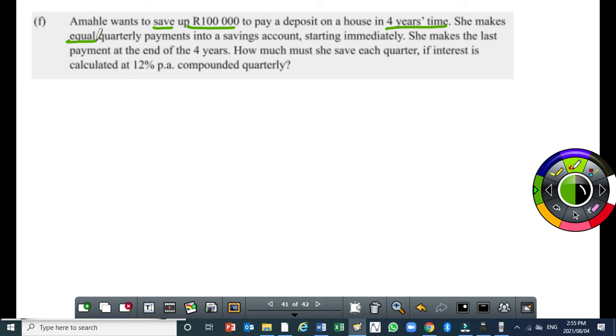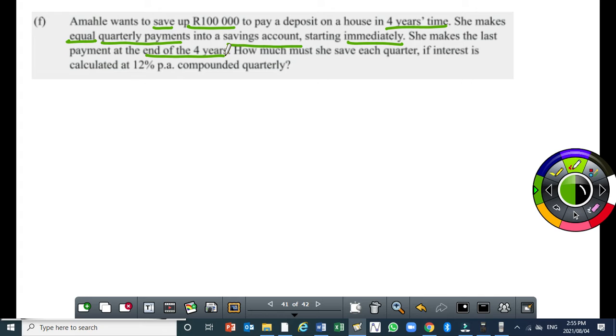So the word equal, quarterly payments. And also the words savings account, starting again immediately. Then the next part of the sentence says, she makes the last payment at the end of 4 years.